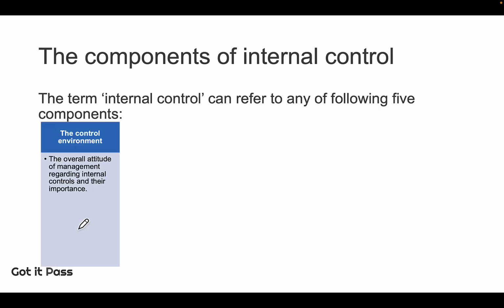First, control environment. The overall attitude of management regarding internal controls and their importance is the so-called control environment. The control environment sets the tone of the organization in terms of the control procedures or the sense of control of its employees. It is the foundation for effective internal control, providing discipline and structure.